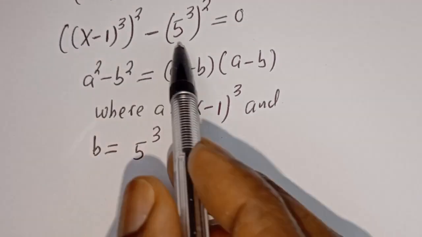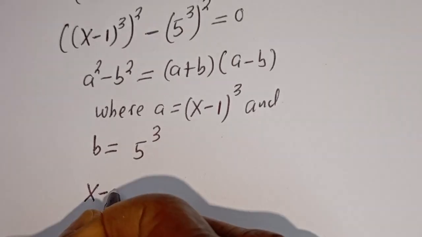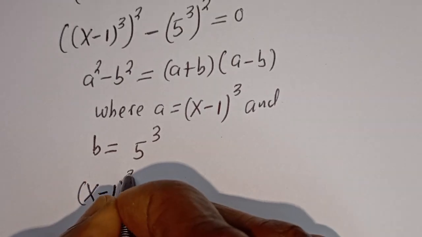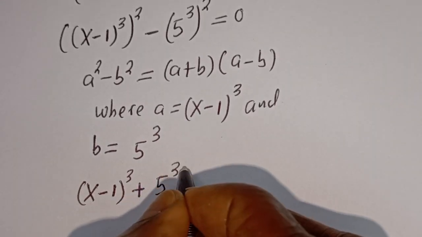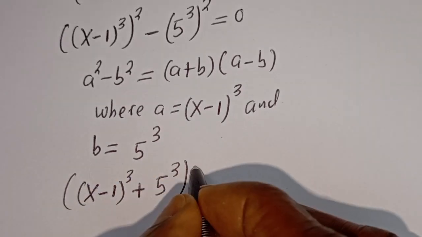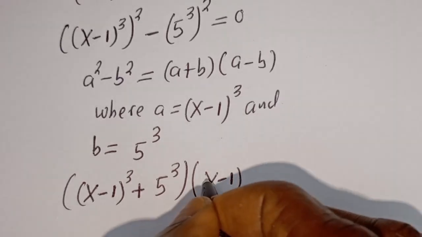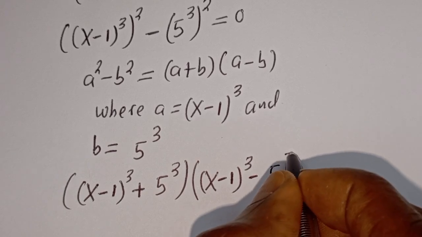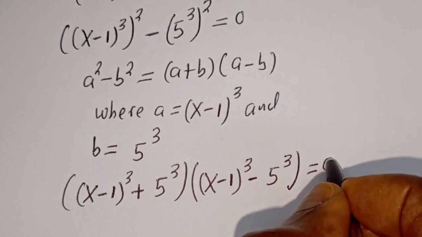Then this can be written as ((x minus 1) to the power of 3 plus 5 to the power of 3)((x minus 1) to the power of 3 minus 5 to the power of 3) is equal to 0.